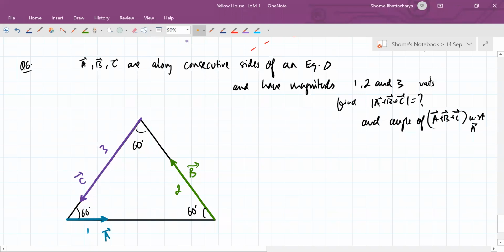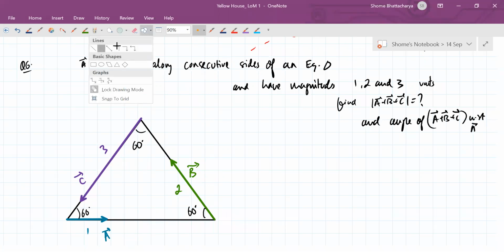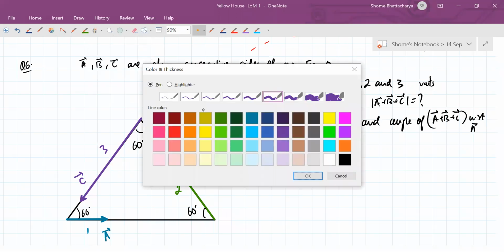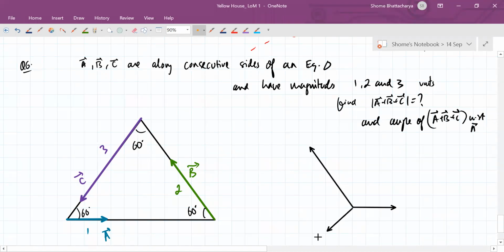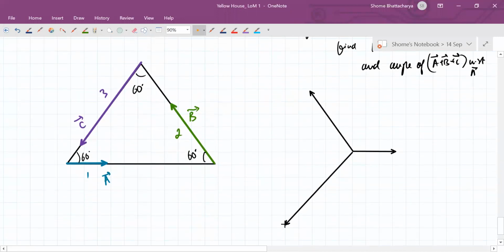So in other words, if you draw them head to tail or one after the other, they're like this. Or even if you draw them from the common origin, if A is a vector like this, in comparison B is like this, in comparison to that C is like this kind of situation.